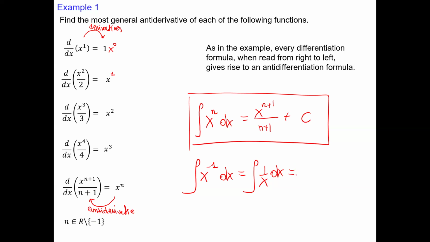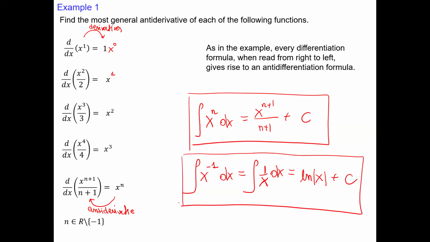If you're watching this, you probably said it aloud: natural log of x. We have to put absolute value, because natural log is defined only for positive numbers, and the hyperbola 1 over x is defined for all of them, plus the constant c. That means this is that missing component. Please remember, do not apply that power rule if n is -1. It's basically natural log of x.